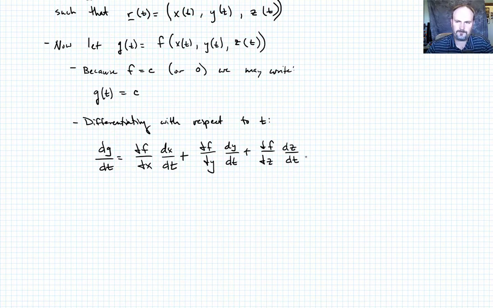Hopefully that's pretty straightforward, and we also know what this equals. Because it's a level surface, or a level set, and c is a constant, the derivative of that constant is going to be equal to 0.